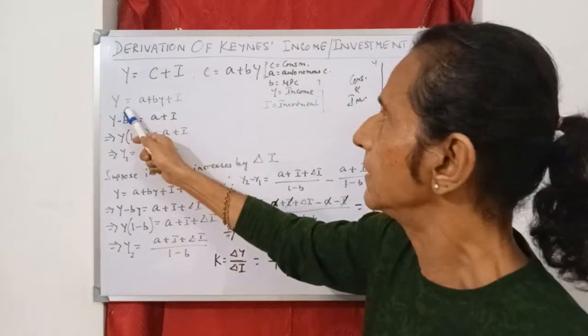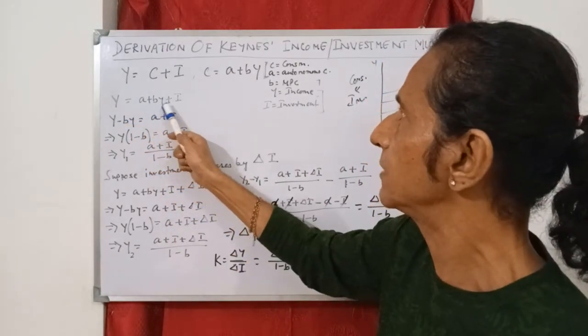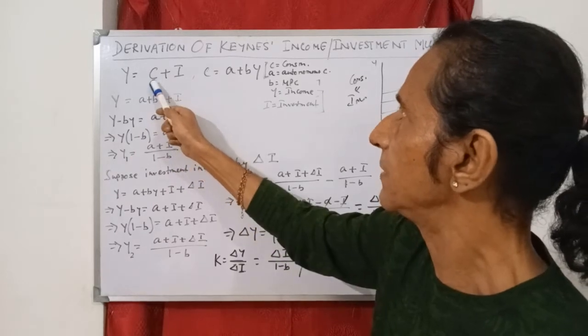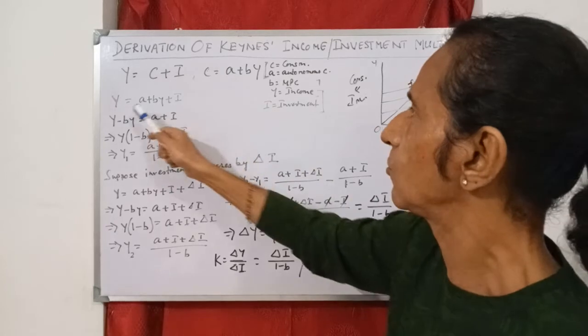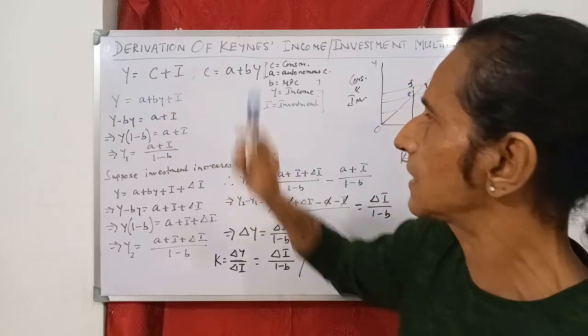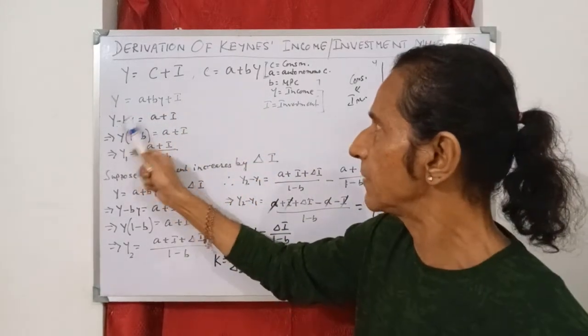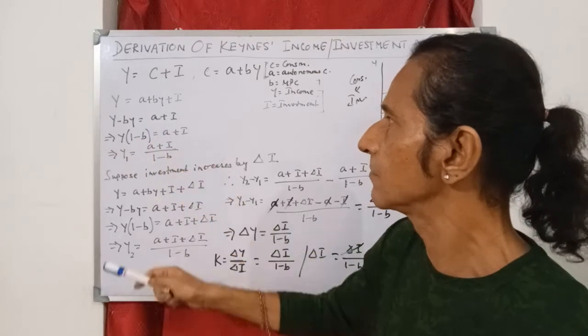Now y equals a plus by plus I. In place of c we have put the value a plus by. So y equals a plus by plus I. So y minus by equals a plus I.